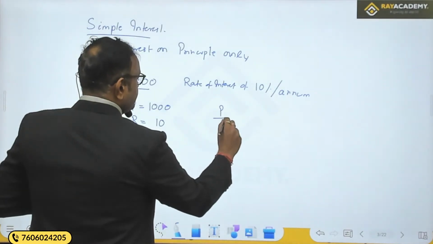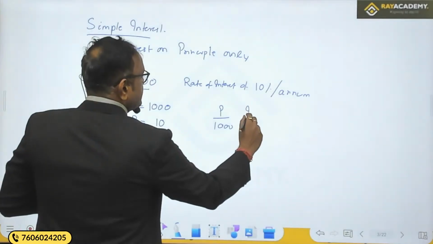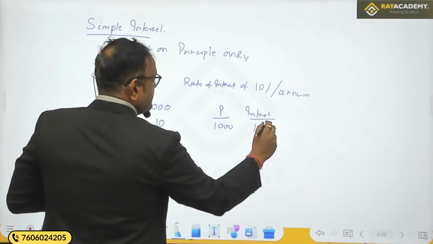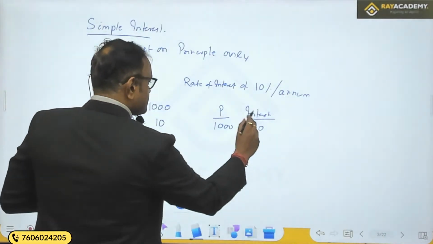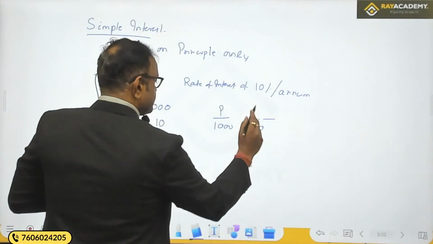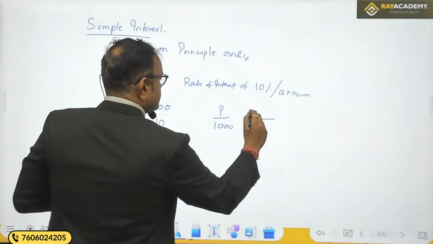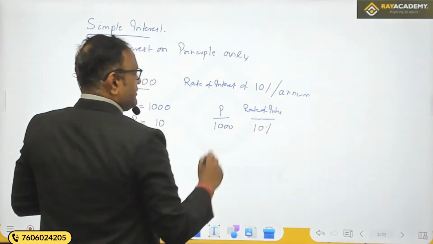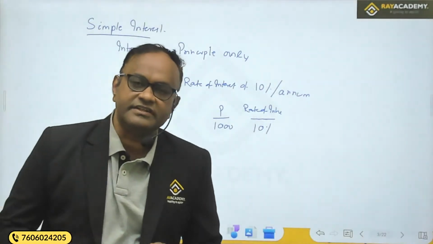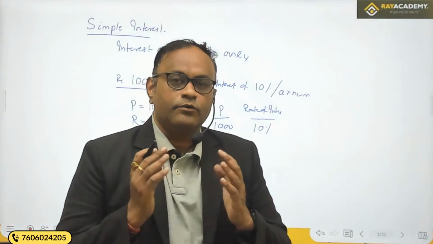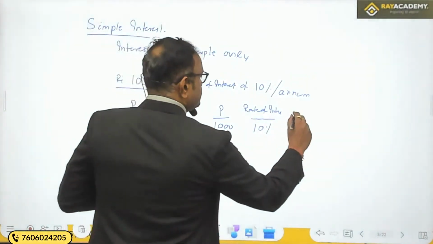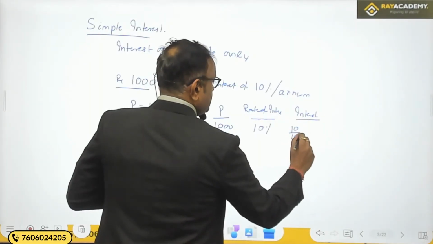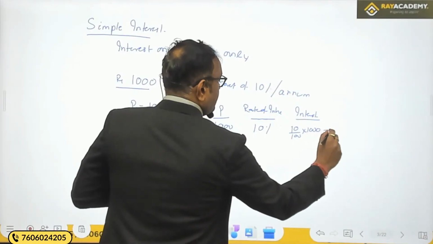For 1 year, how much interest will you get? 10% of 1,000 is 100 rupees.